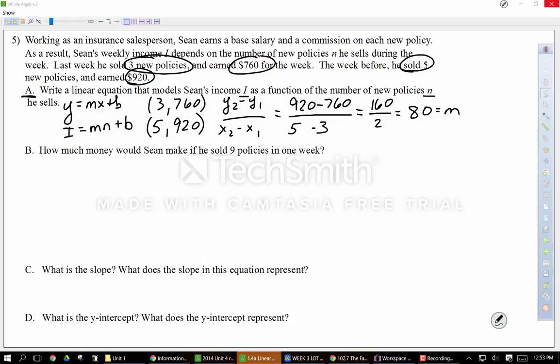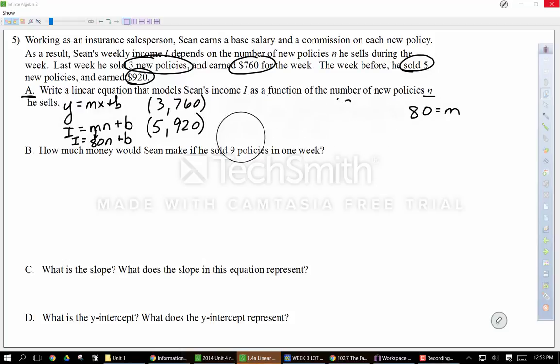So now we have slope, but again, I don't have my b value. But I do have a value for n, and I do have a value for I. So I am going to substitute one of these pairs into my equation. I'm going to use this one here because it's smaller. So 760 equals 80 times 3, plus b. And again, I'm going to solve.